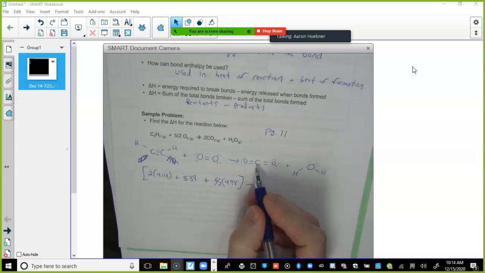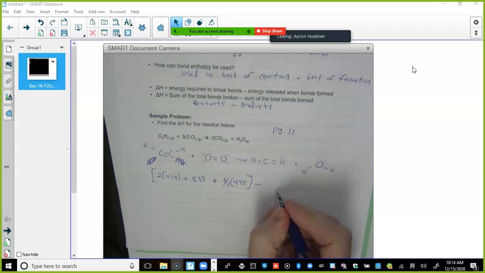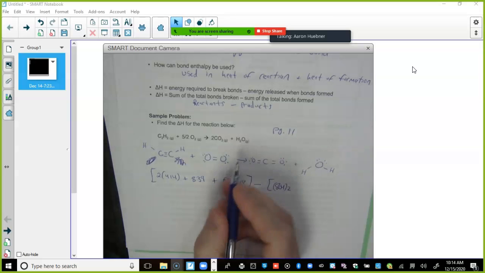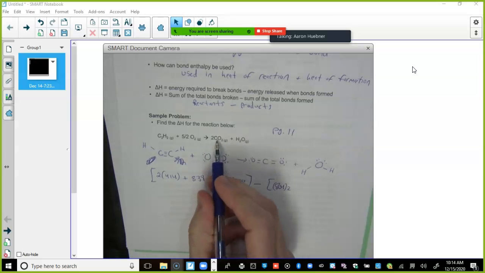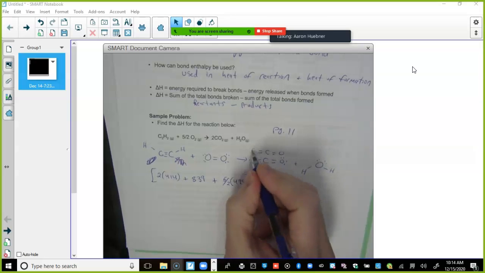So CO2, I got 2 C double bonded to O bonds. That's an 804. There's 2 of them. And then I've got, oh no, I don't have 2 of those. I've got 2 CO2s. So let's visualize that.